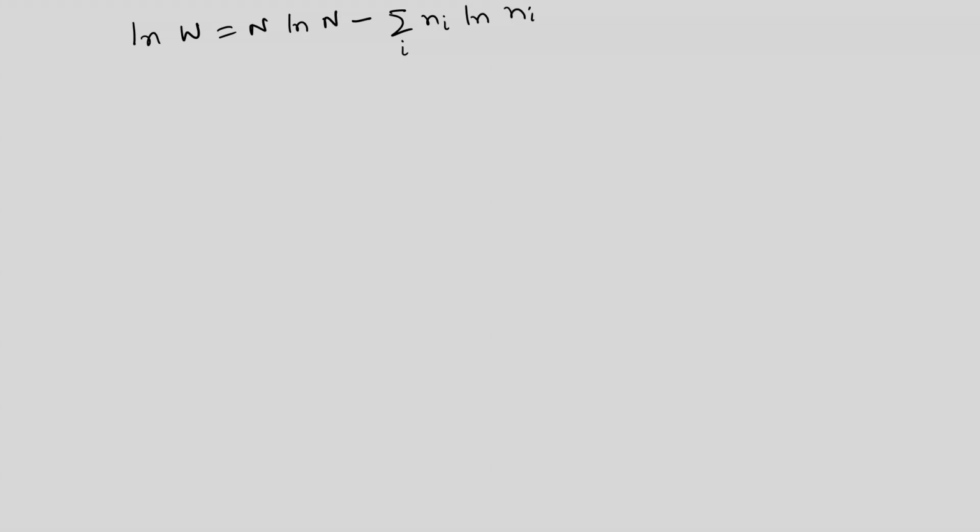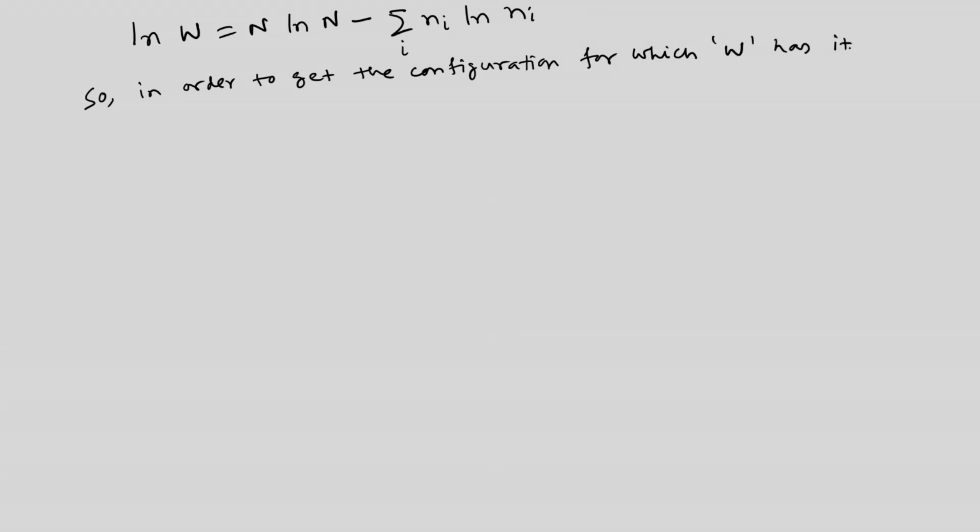Okay. Next, what we need to do is we need to maximize W. So, in order to get the configuration for which W has its maximum, what do we need to do?